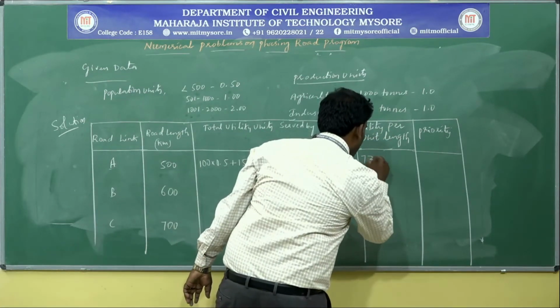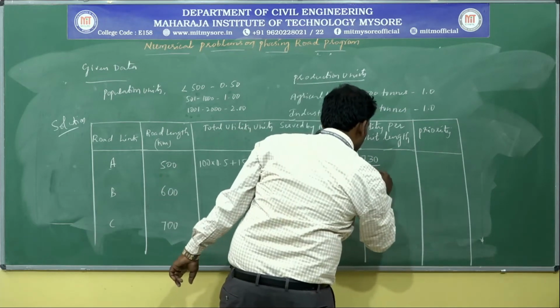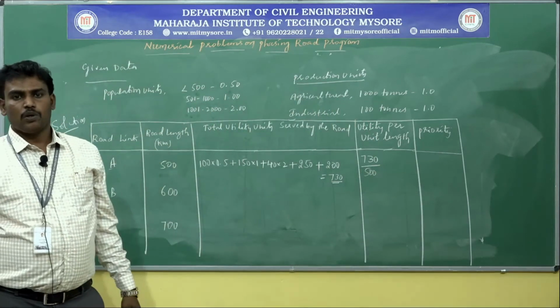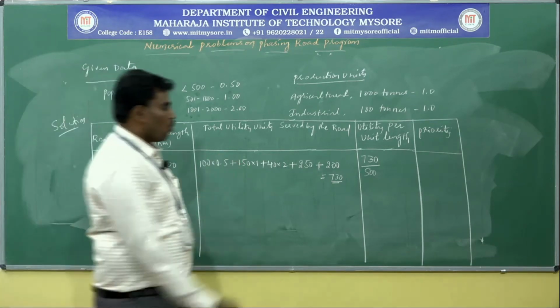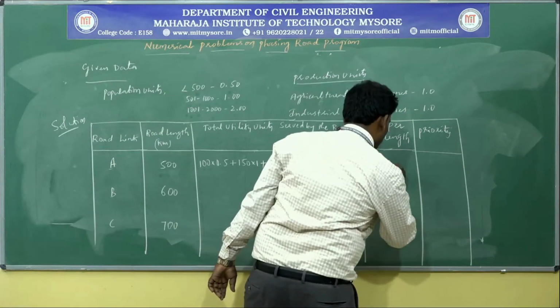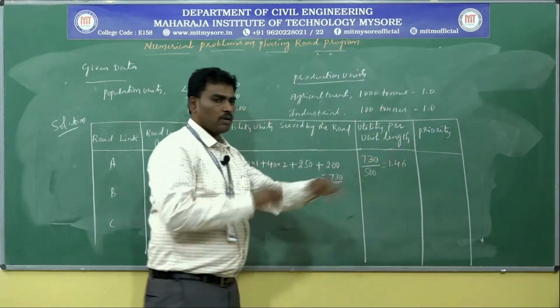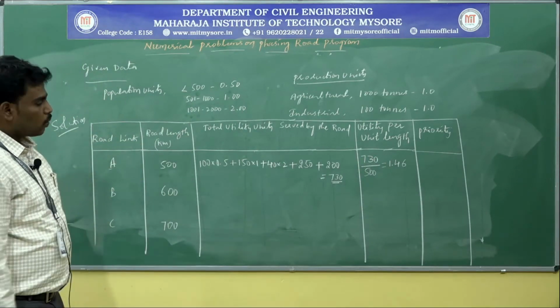That is 730 divided by 500, which is about 1.46. Usually after the point we round up to 2 digits.